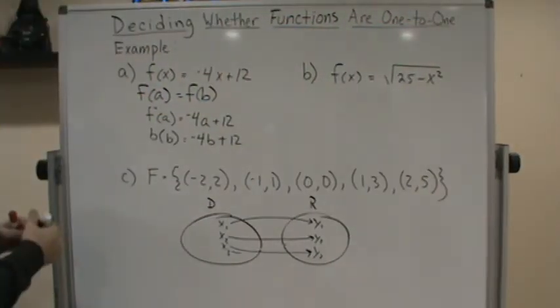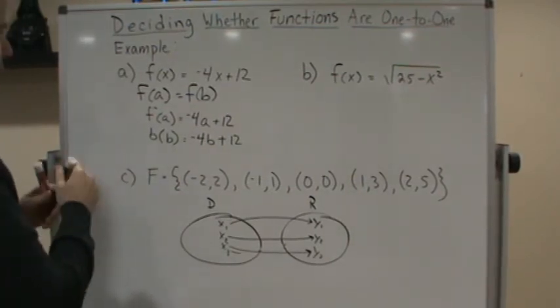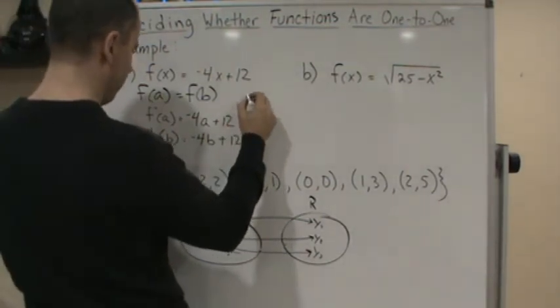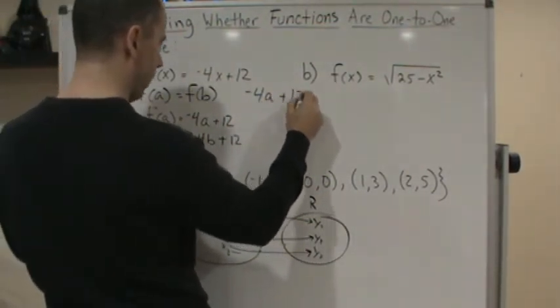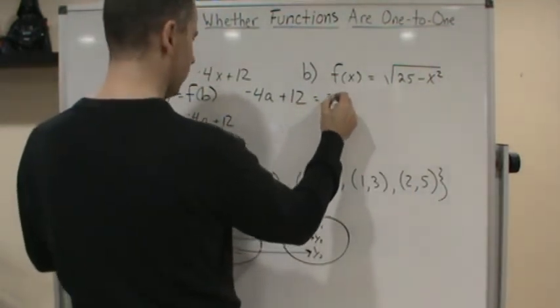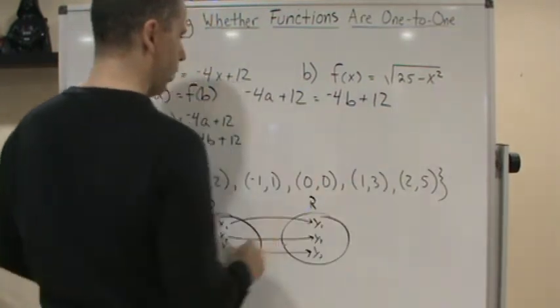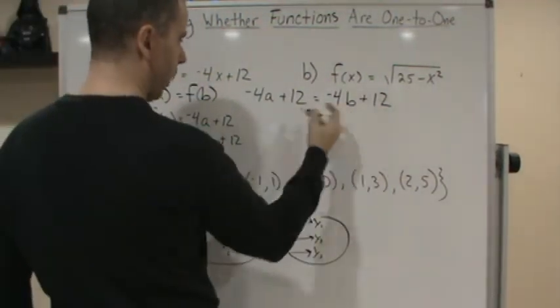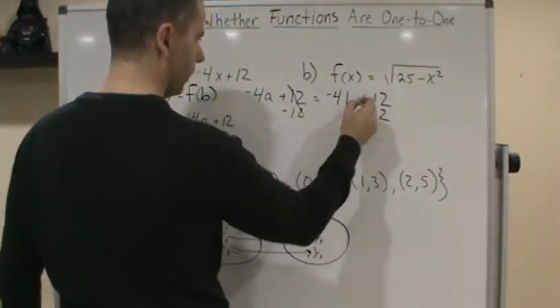Okay, so now we've got f of A and f of B, and what we're going to do is we're going to set these equal to each other. So that means negative 4A plus 12 equals negative 4B plus 12. And now all we're going to do is simplify. Well, if I subtract 12 from both sides, that's going to get rid of both 12s.